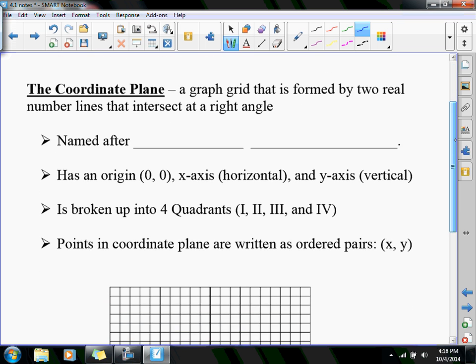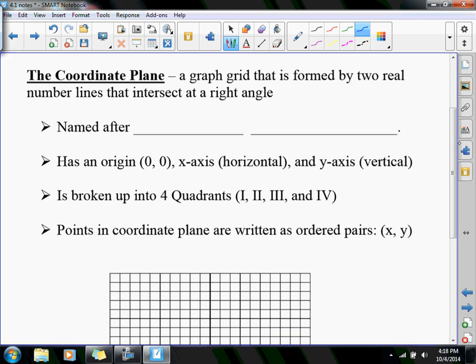And the coordinate plane is basically the graph grid that we graph on. It's formed by two real number lines that intersect at a right angle. So you have one number line that goes left and right, and one number line that goes up and down. And the coordinate plane is actually named after René Descartes.